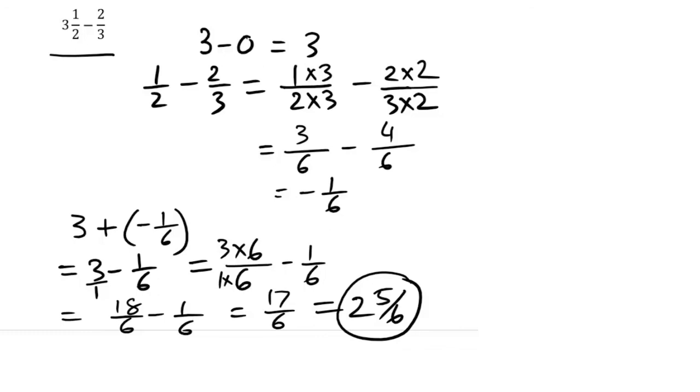Then again I make the denominator the same as we did before, and then we subtract, and this is an improper fraction. We can't leave the answer as an improper fraction, so we have to make it a mixed number. Make sure you finish the answer that way. Those are the steps we have to follow when subtracting mixed numbers.